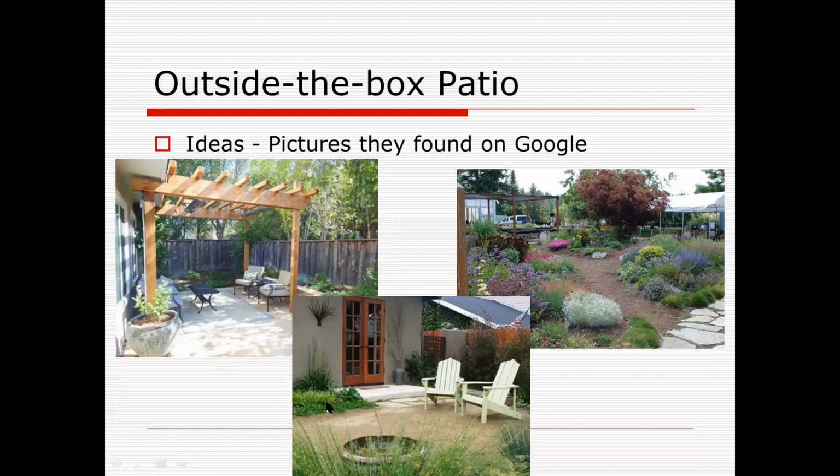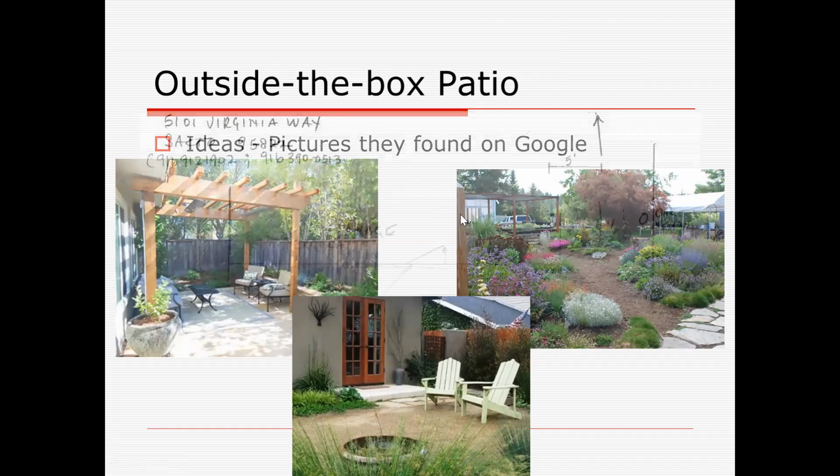They also really liked kind of informal seating with decomposed granite. They didn't want formal, it was kind of loosely informal beds. And they also liked this flagstone look. So these were some of the things that they had identified that they liked and wanted to do out there.